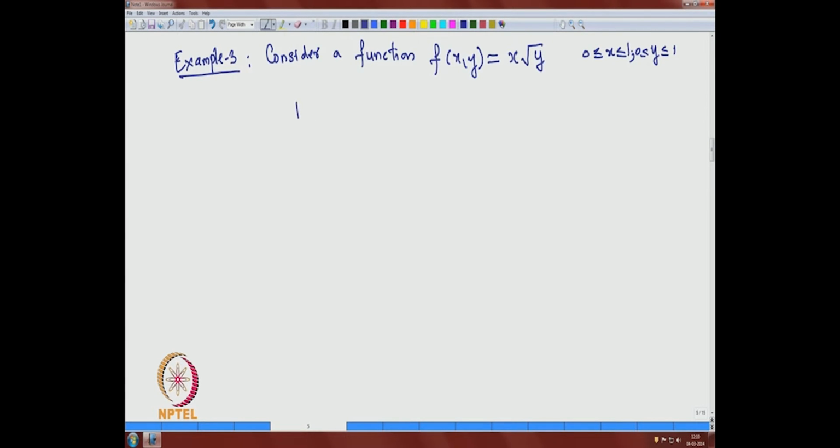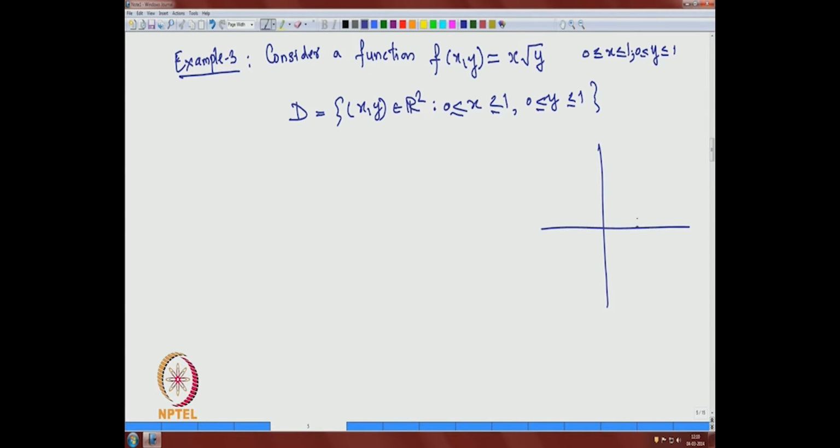So the domain is the set of all (x, y) in R2 such that x is varying from 0 to 1 and y is also varying from 0 to 1. This is your domain. Now, let us check the Lipschitz continuity of this function on this domain.